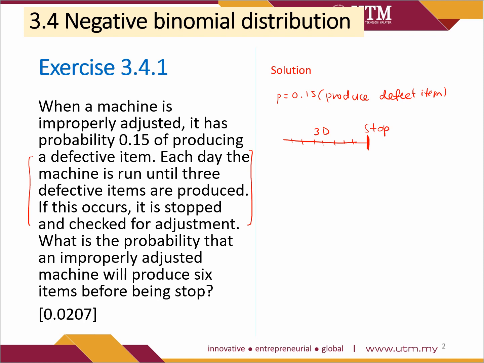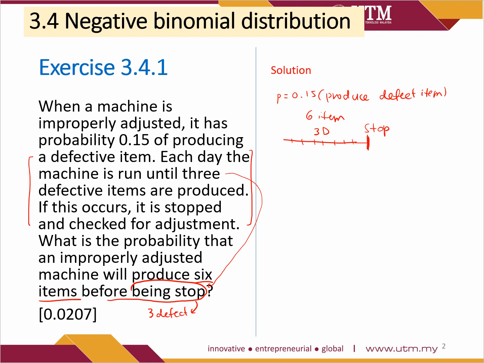What is the probability that an improperly adjusted machine will produce 6 items before being stopped? Before being stopped means that they have already found 3 defective items. This stop refers to "until 3 defective items are produced."